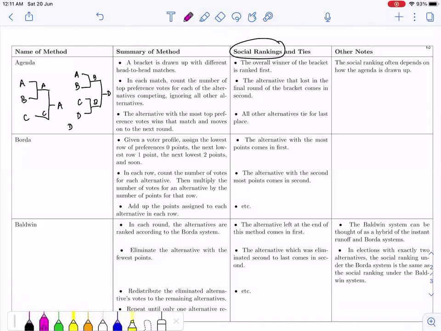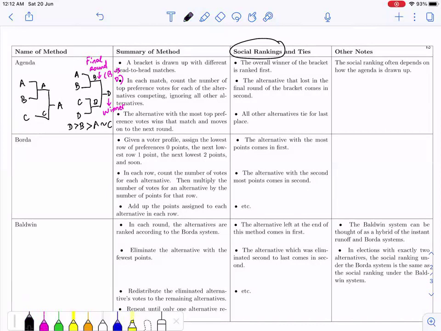So you have your final round here, which is B versus D, and D wins. So D is bigger than B, and these were the top two finalists. They are ranked higher than everything else, and the remaining alternatives are tied. So A and C are tied at the last place, just like two-round runoff.